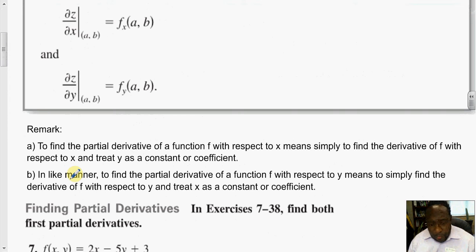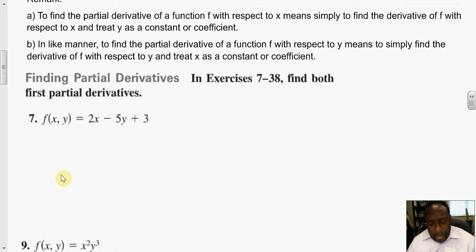In like manner, to find the partial derivative of f with respect to y, you find the derivative of the function with respect to y, and then you treat x as a constant or coefficient.